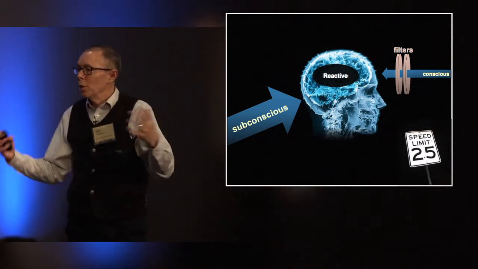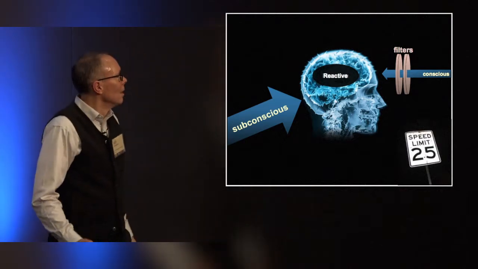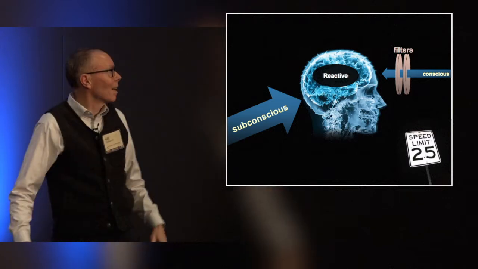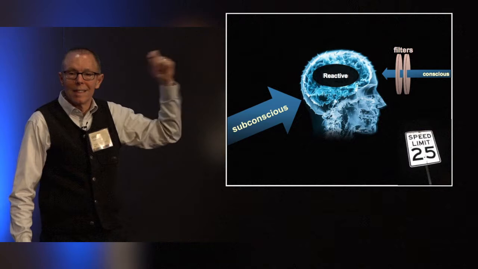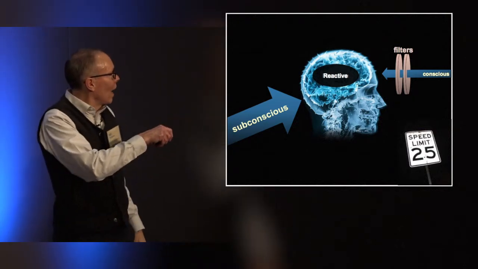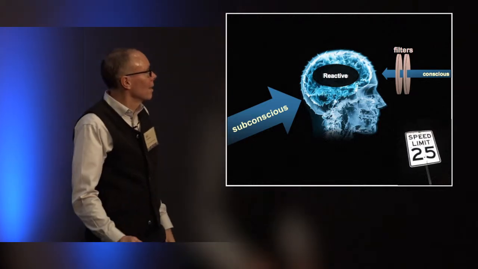The kind of arguments that you and I make to our stakeholders are these conscious messages, these arguments. But there's also this big subconscious stimuli that's coming at us all the time. And when we try to convince people, they might even filter out some of our messages.